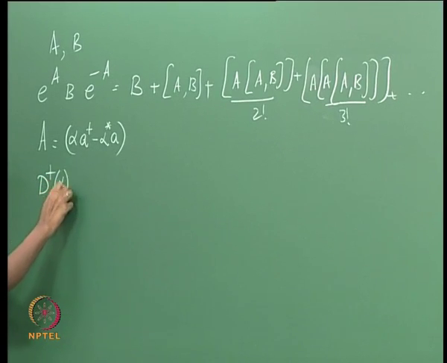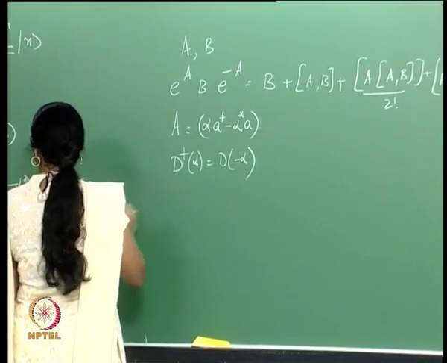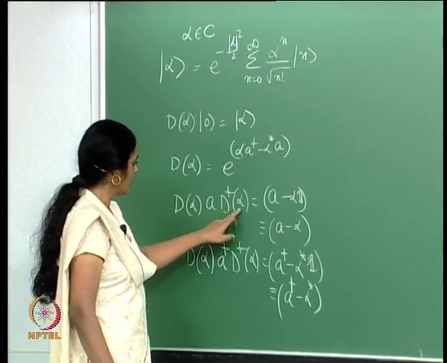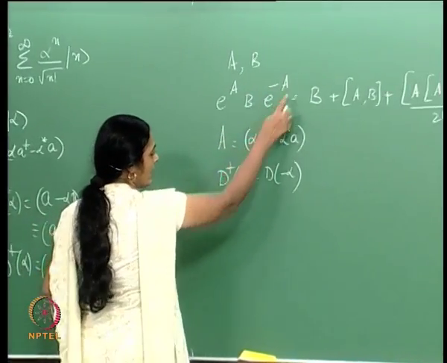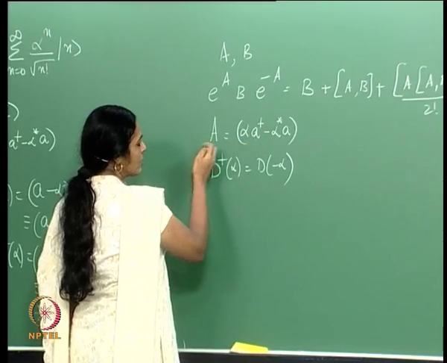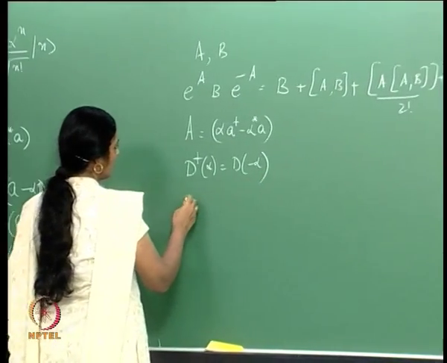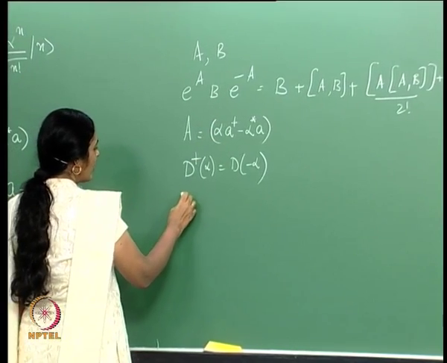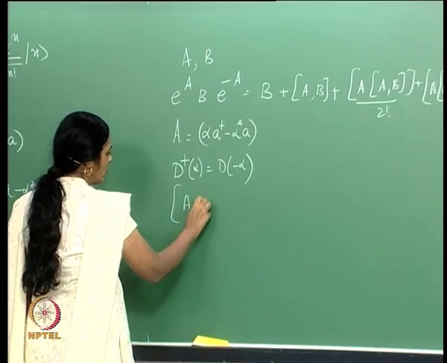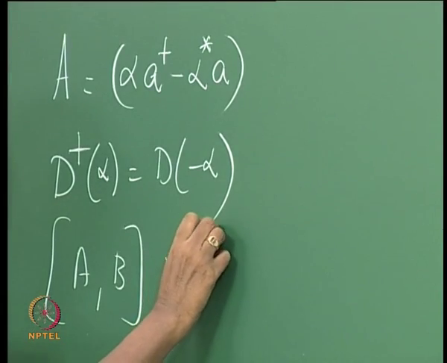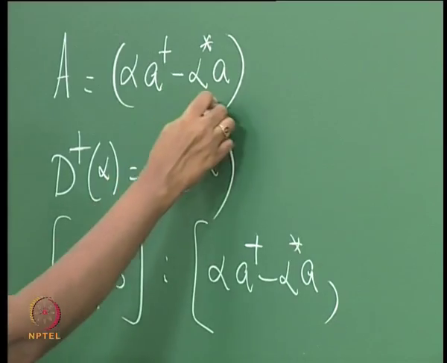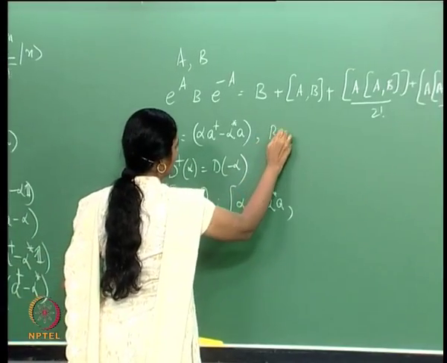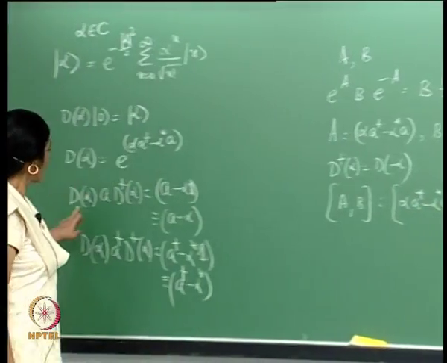Recall that D dagger of alpha was simply D of minus alpha, and therefore on this side I have D dagger of alpha in this identity, which is D of minus alpha, which is minus A, because if I substitute minus alpha for alpha, I simply get minus A. And therefore, if I wish to find the commutator of A with B in this problem, that is the same as finding the commutator of alpha a dagger minus alpha star a with B, and B in this case is a, because I am trying to establish this identity.